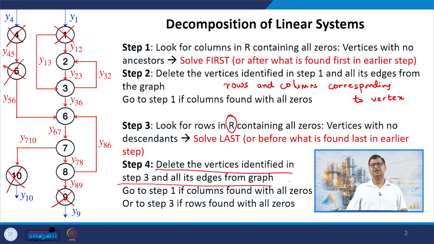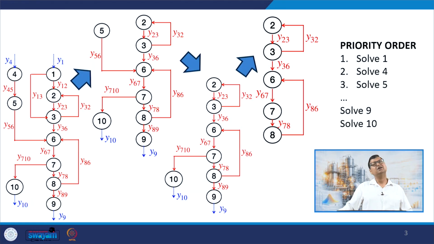That means deleting the rows and columns corresponding to the vertex in the graph. And again, we go back to step 1 always if there are columns found with all zeros, or go to step 3 if there are rows found with all zeros, and then we only go further if none of that is possible, right.